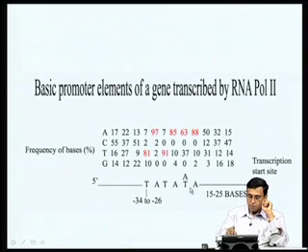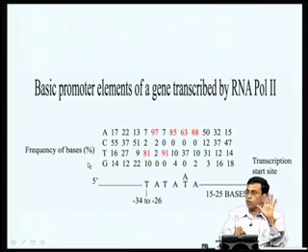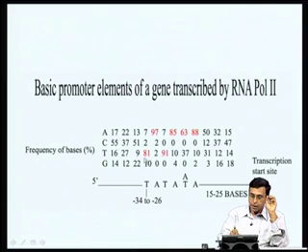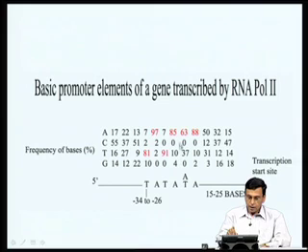If you look at some of these sequences, the numbers I have given are percentages. If you take, for example, 100 genes and look at the promoter regions of these 100 genes, in this particular position, in 97 out of 100 genes it was always an A. Whereas in this position, in 85 out of 100 genes there was again an A. In this particular position, 81% of the genes had a T, here 97% of the genes had an A, 91% here had a T residue, 85% had a residue, 63% had a residue, 88% of the genes had a residue.